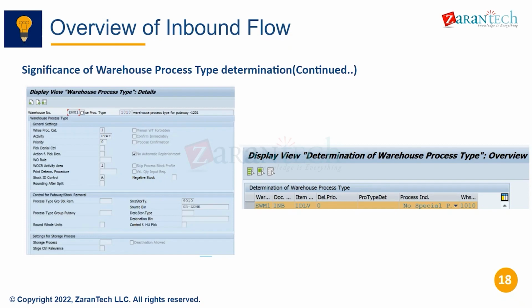So for these processes also, SAP determines the first process type. In that case, you'll have to define that process type in the system based on your document type. So if any inbound delivery is created with this document type, by default for that inbound delivery type, the warehouse process type will be triggered as 1010, and that process type will be created.